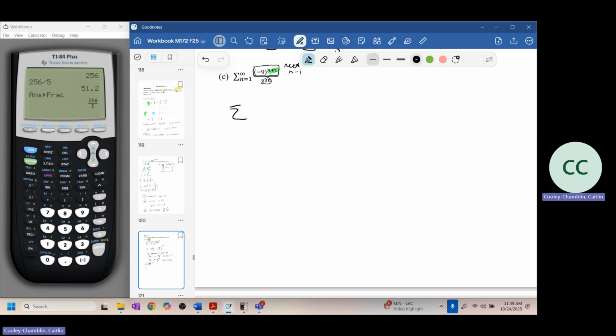So in the summation, if I bring out one -9, I get -9 to the n power. I need that to be n minus 1, so I need to bring out one more -9. So now I have -9 to the n minus 1 power. 2 to the 3n, I can rewrite as 2 cubed to the n. 2 cubed is 8.